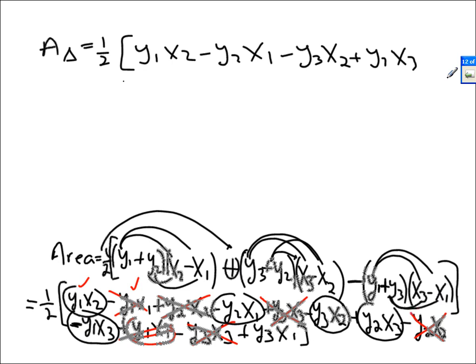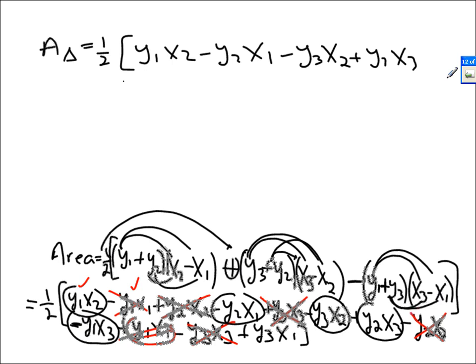But here's something that is absolutely amazing. This is absolutely amazing this happens. If I write down the determinant, I write down the first point, x1, y1. I write down the second point. I write down the third point.